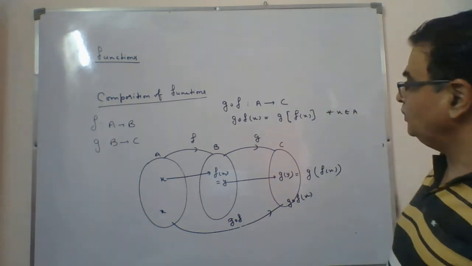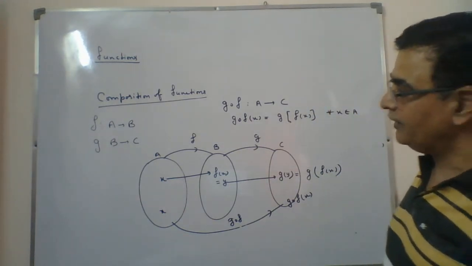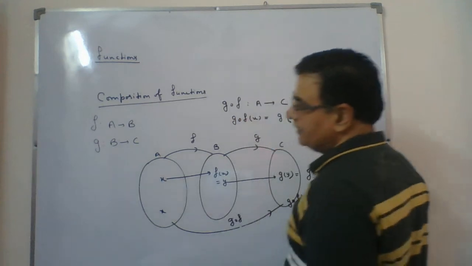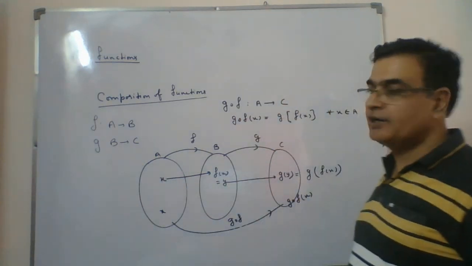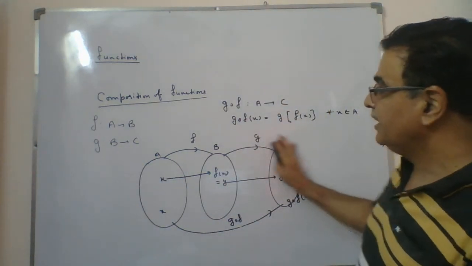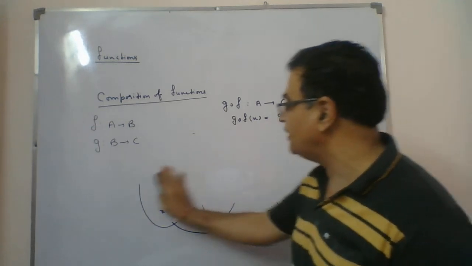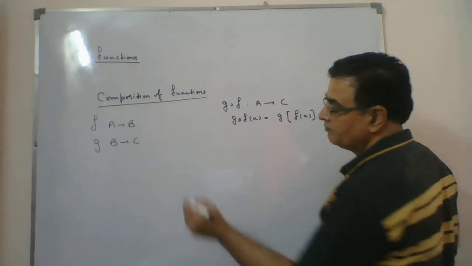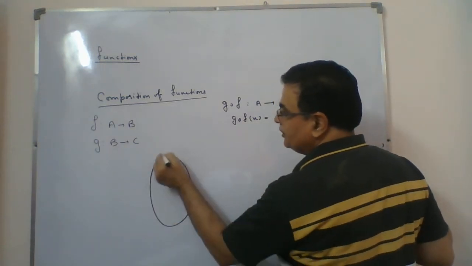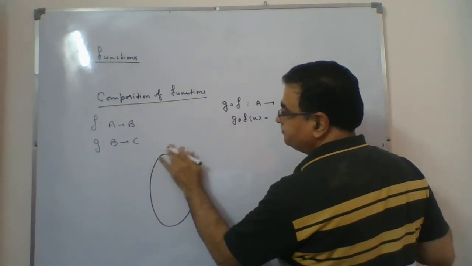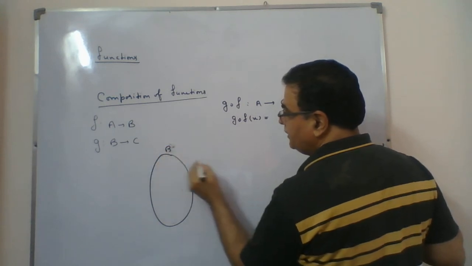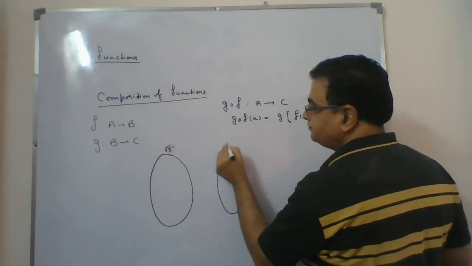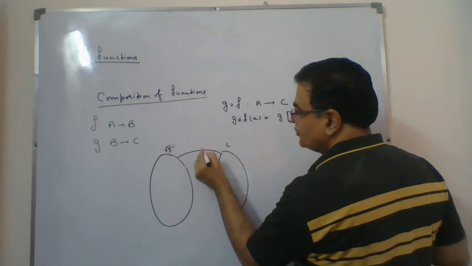After this, by the way, I'll take the reverse way. Reverse way means I'll take the g function first and the f function second. If you take the g function here, that will go from B to C. This is our function g.